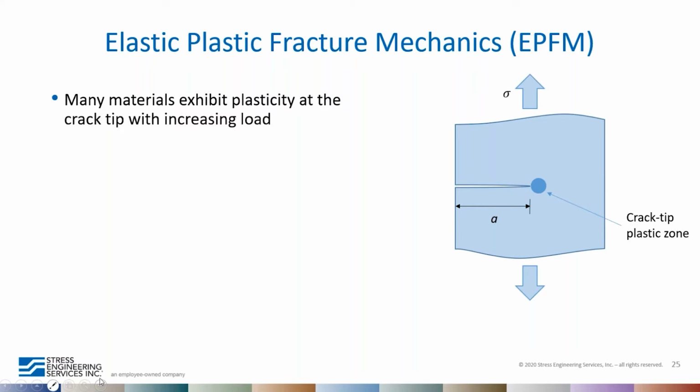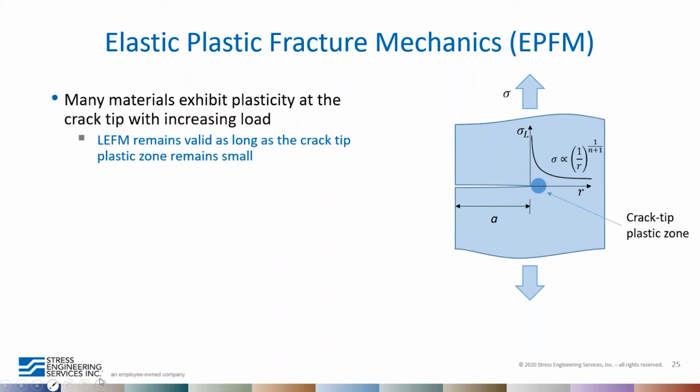So it really represents some additional deviation from linear elastic fracture mechanics. In practical terms, we can still use linear elastic fracture mechanics as long as the crack tip plasticity zone remains relatively small. In addition, there's still a singularity predicted within the plastic zone, although it takes on a slightly different form.